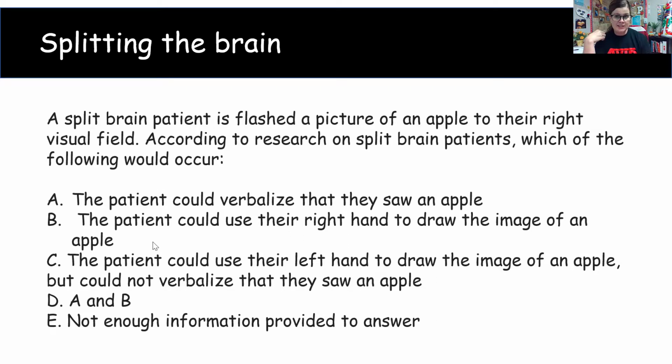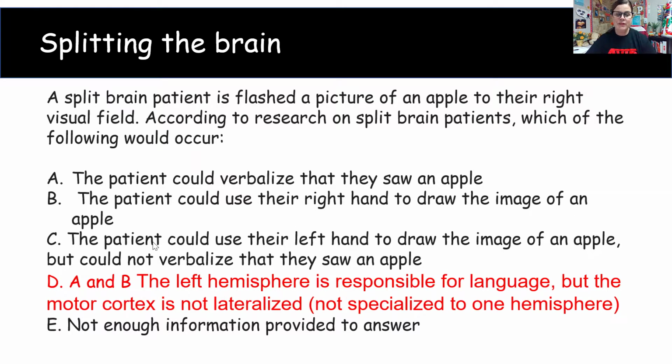So take a second, hit pause, read through those choices, and decide what the correct answer is before you jump over to the next frames to see the correct answer. So the correct answer would be A and B.